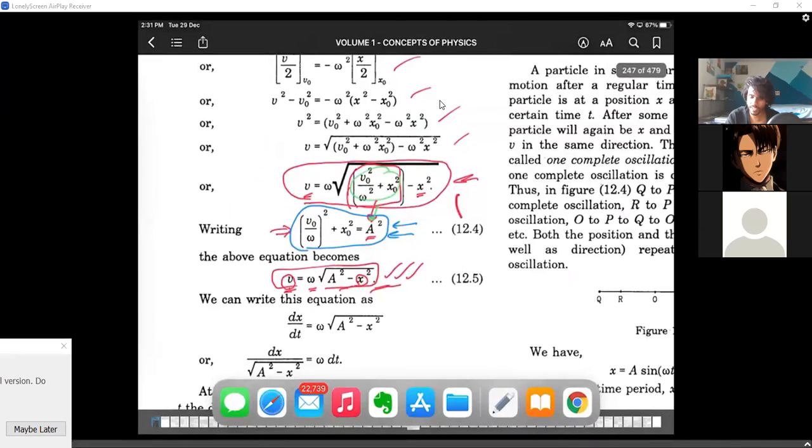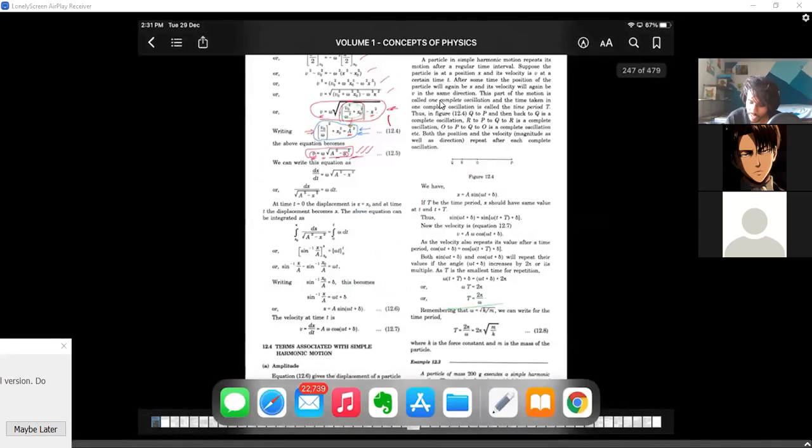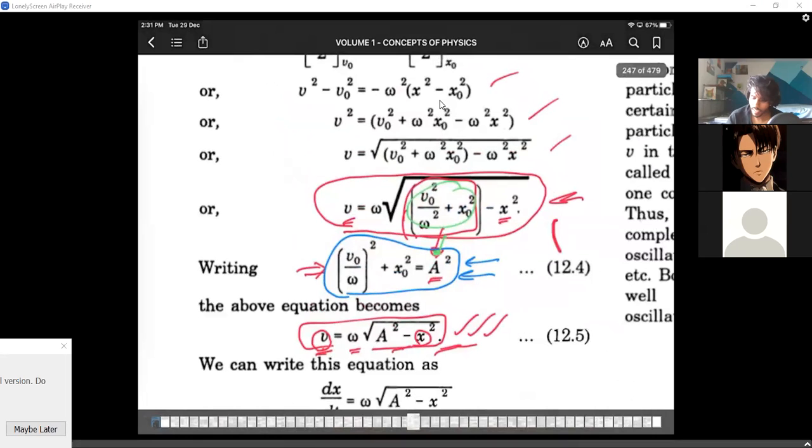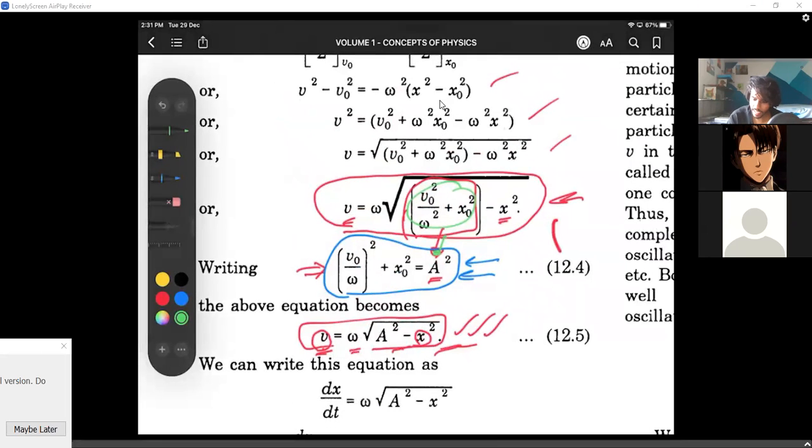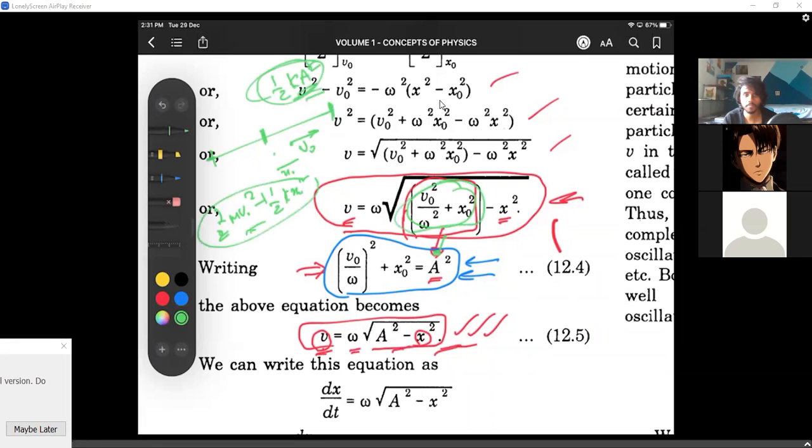Take this specific thing. When you write the energies in the entire SHM, he's talking about, at this specific point, kinetic energy and potential energy as half m v naught square plus half k x naught square. At the extreme, the energy is simply half k a square because there is only potential energy, there is no kinetic energy at the extreme. He's simply equating these values, and from that, you will get this equation.